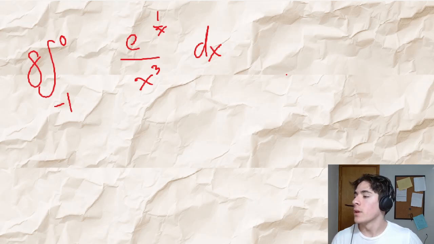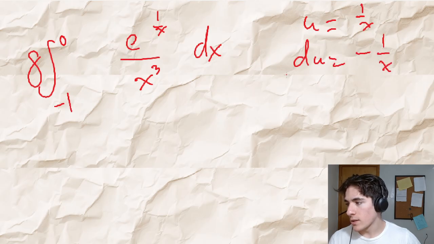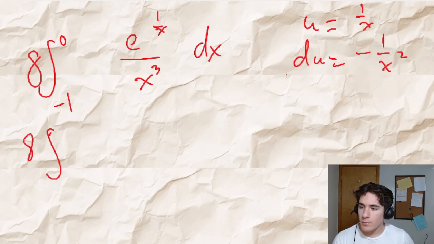But if you step back for a second, you realize u can be equal to 1 over x, and du can be equal to minus 1 over x squared, which is going to set this up into the integral from, this is going to be equal to u e to the power of u du.